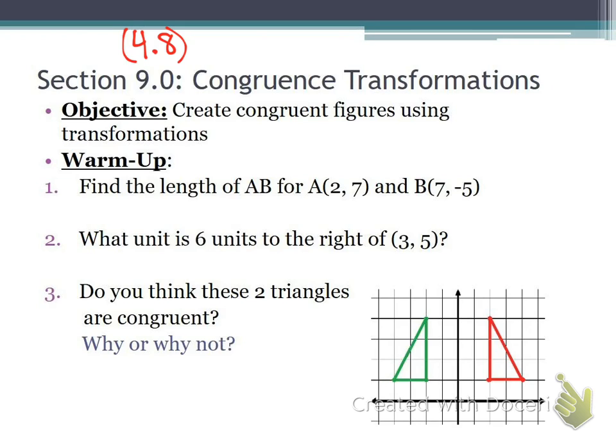For our warm-up, we were asked to find the length of AB if A is at (2, 7) and B is at (7, -5). Who remembers how to find the length of a segment given coordinates? There was a formula we learned for this. The distance formula, does anybody remember what it is?